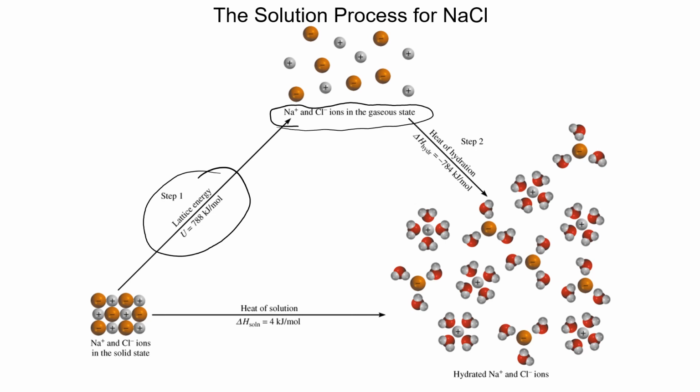And the second step of this process is heat of hydration. So these gaseous ions react with water to make aqueous ions. And the delta heat of hydration has also been determined, and that is a negative, oh wait, is it? Yeah, negative 784.